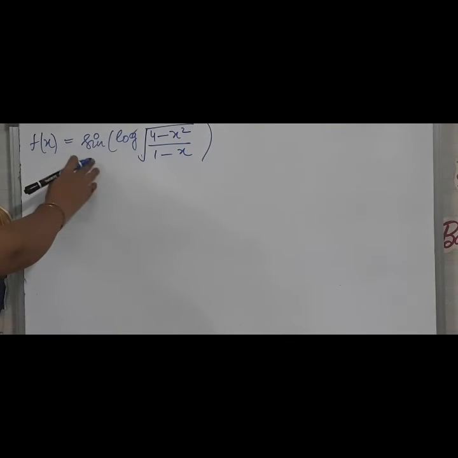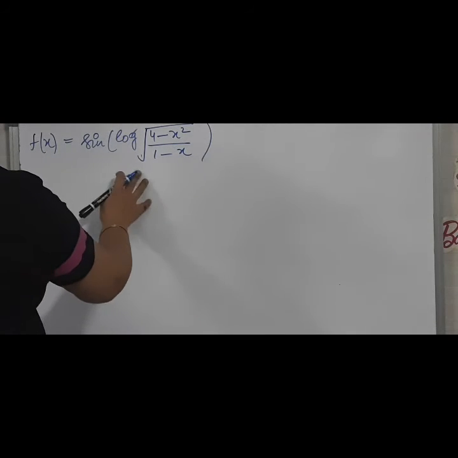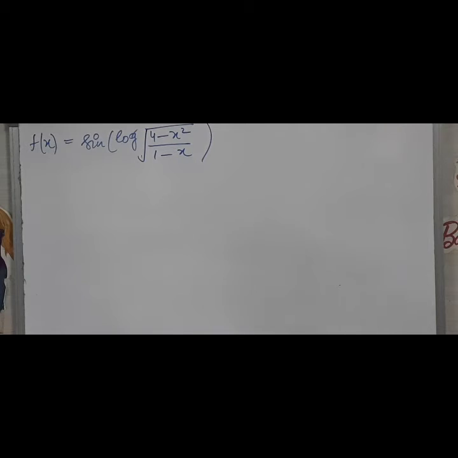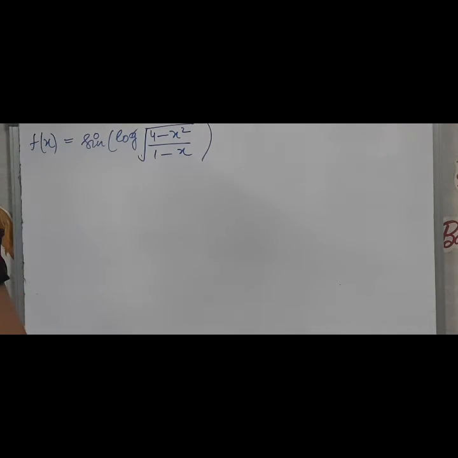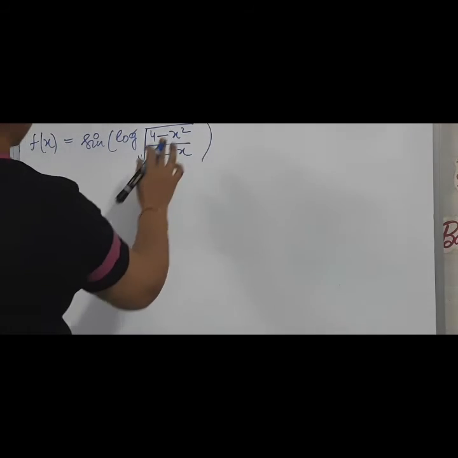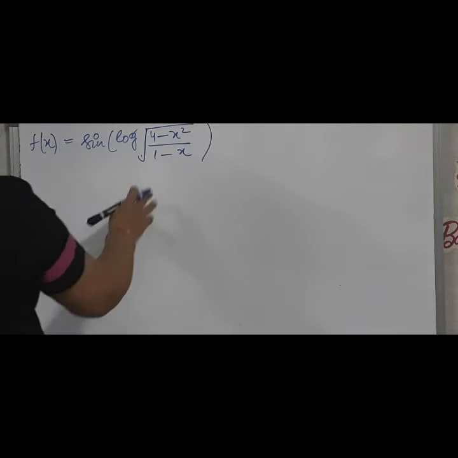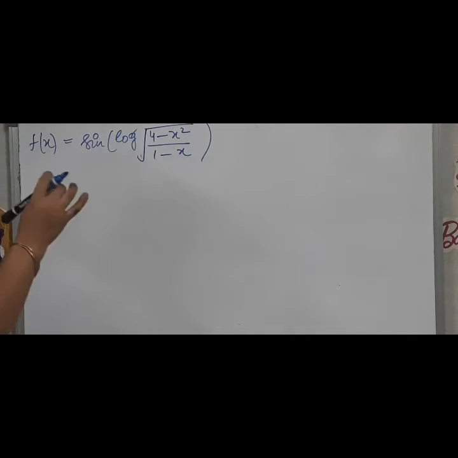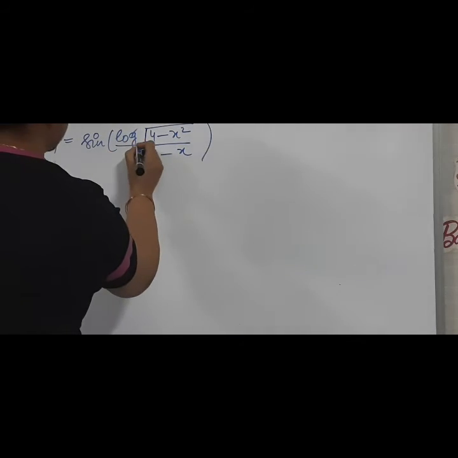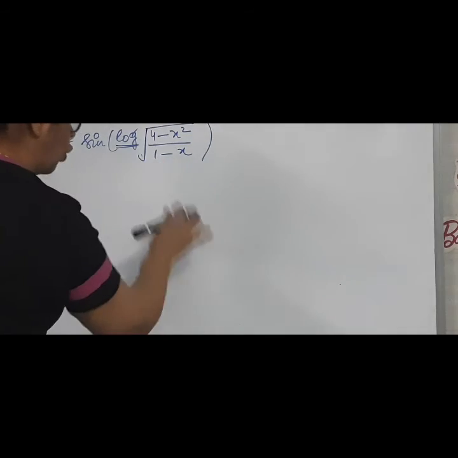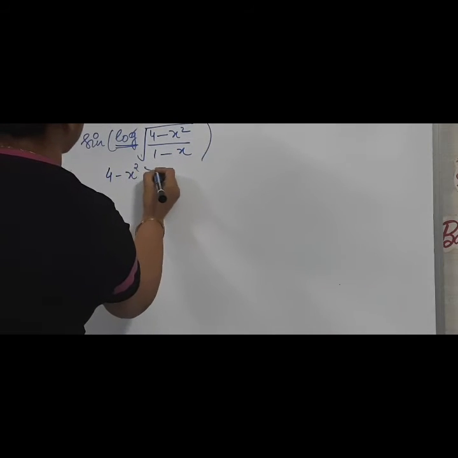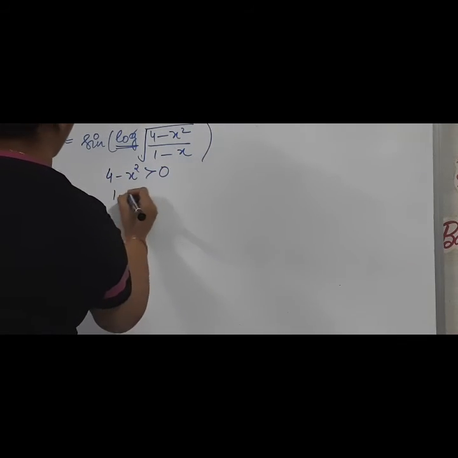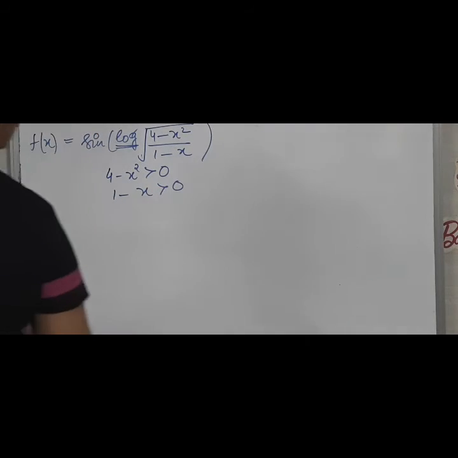Now f(x) is equal to sine of log of under root of (4 minus x square) by (1 minus x). If log would not be there, you would take the numerator part greater than or equal to 0 and the denominator part greater than 0. But it is a log, so we should take the whole thing greater than 0 only. So I will take 4 minus x square greater than 0, and 1 minus x greater than 0.